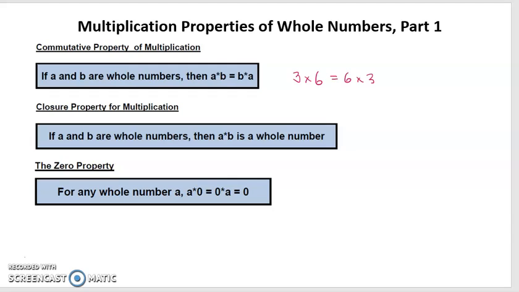The zero property says that A times 0 equals 0 times A equals 0. That's a little different because in addition, 0 is the identity element, meaning A plus 0 equals A. In multiplication, A times 0 equals 0.